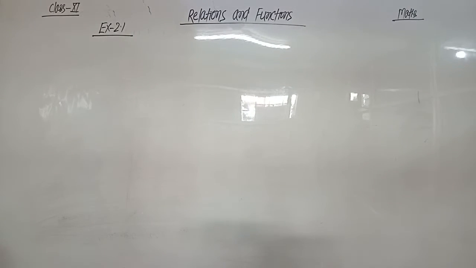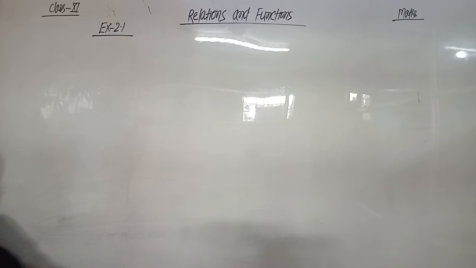Now question number 4. State whether each of the following statements is true or false. If the statement is false, rewrite the given statement correctly. We have to say whether the statement given is true or false. If the statement is false, then we have to rewrite it.